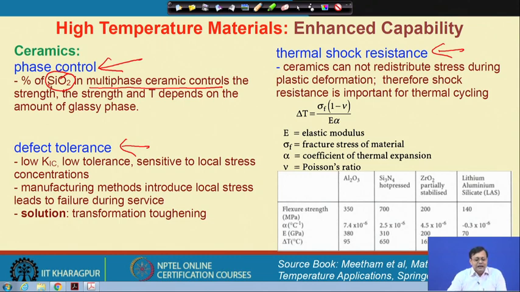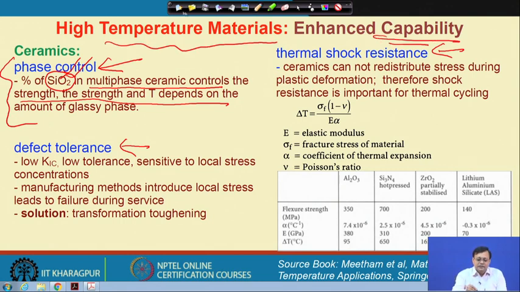So, this silica could be glassy or maybe crystalline. So, the strength basically depends at a certain temperature on the volume fraction of this silica, because if silica is in the glassy form, then its strength would be different than the crystalline form. So, the amount of phases we can control for enhancing the capability for high temperature application.